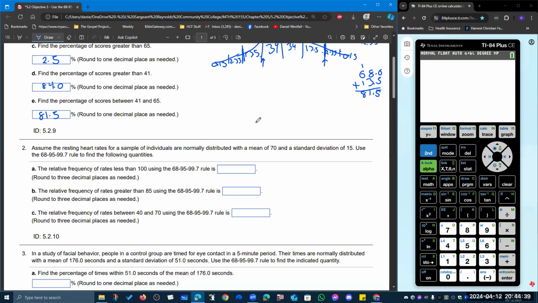Assuming the resting heart rates for a sample of individuals are normally distributed with a mean of 70 and a standard deviation of 15, use the 68, 95, 99.7 rule to find the following quantities.